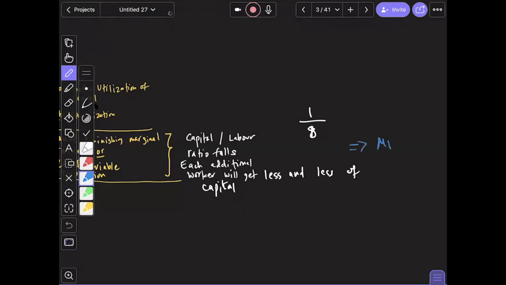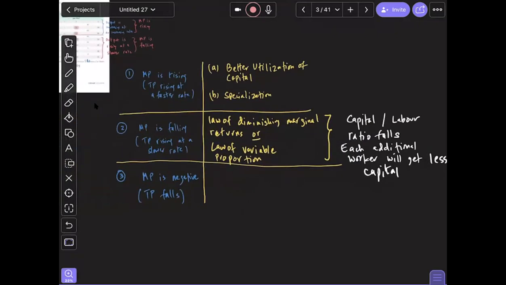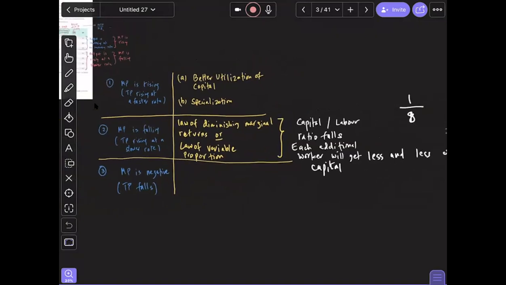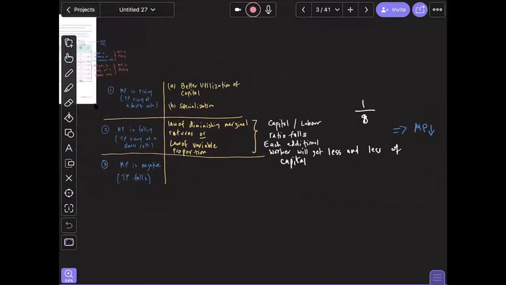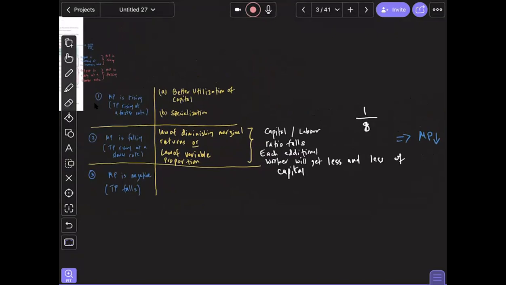Is it an economic law? And the answer is no, it's a physical law. Same physical capital, more labor. You can't expect the productivity to still go up because the labor isn't getting that much capital. Does that make sense? Why is it called the law of variable proportion?